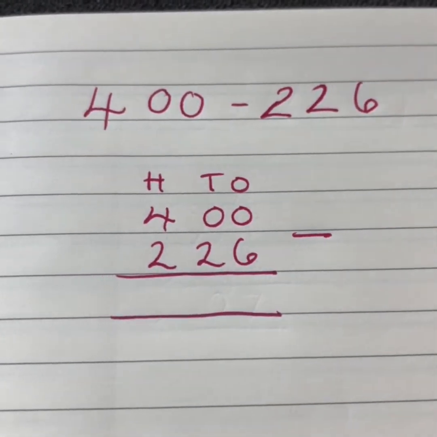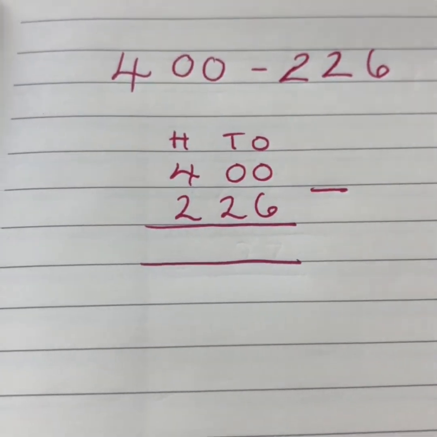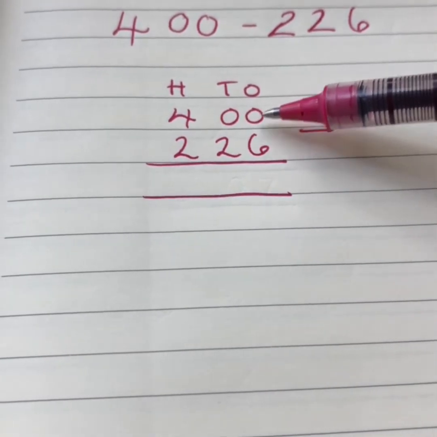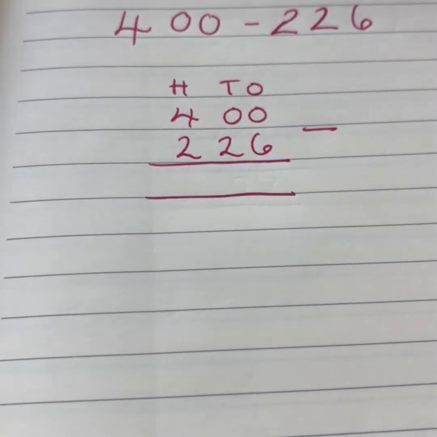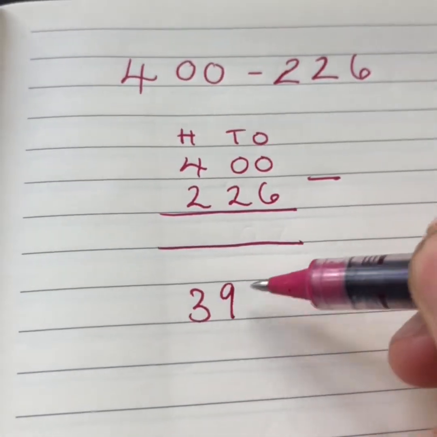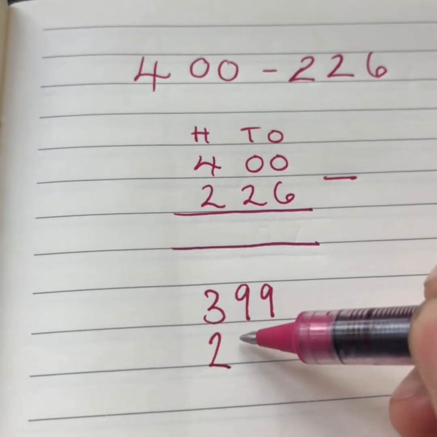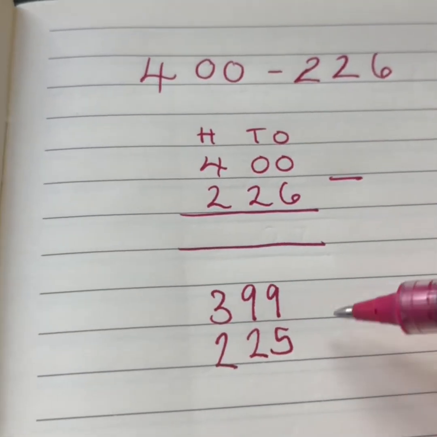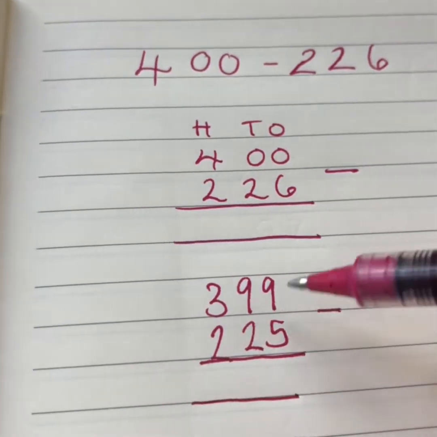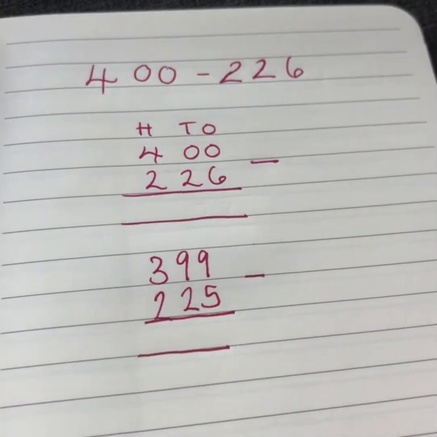So a quick way, if the top number has got zeros on the end, like this one, is to take away 1 off this number and take away 1 off this number. So 400 take away 1 would be 399, and 226 take away 1 would be 225. Because we've taken 1 off each number, the difference between them just gets shifted.